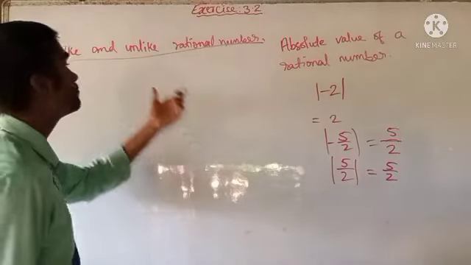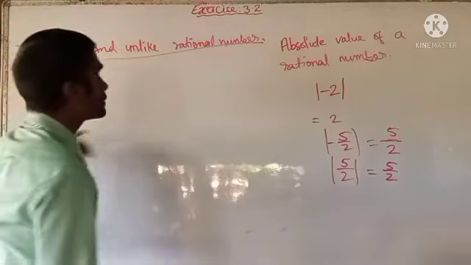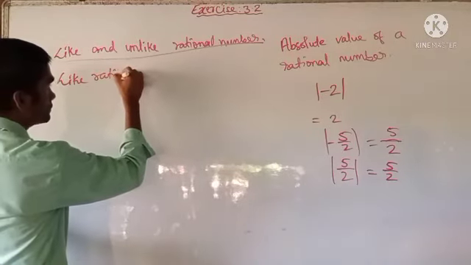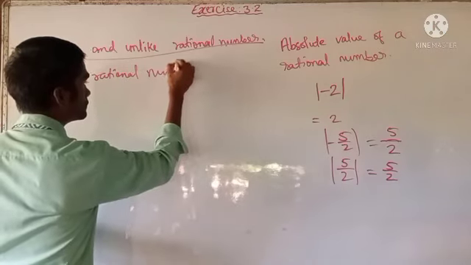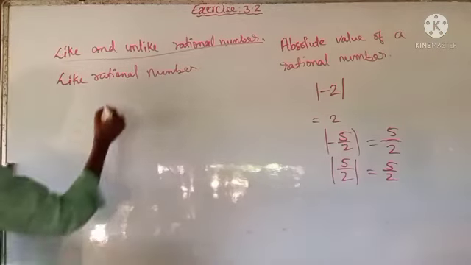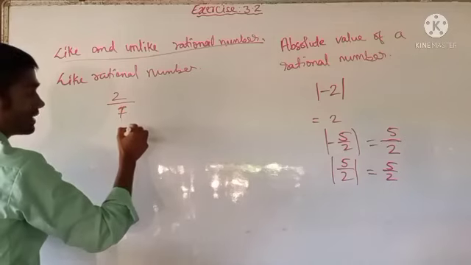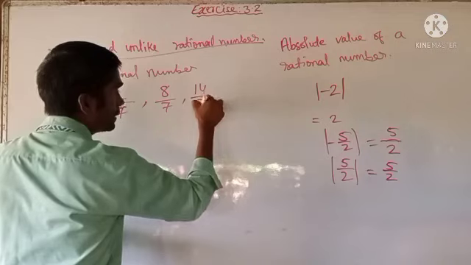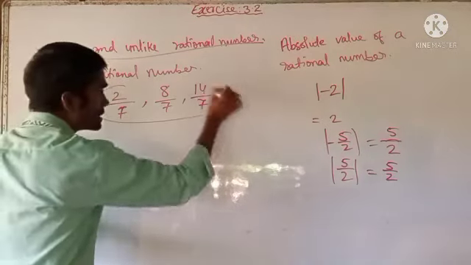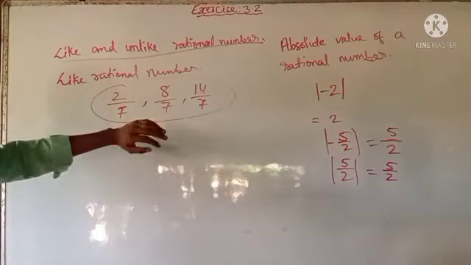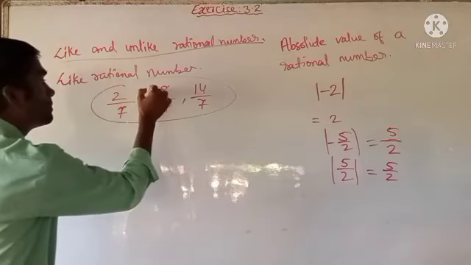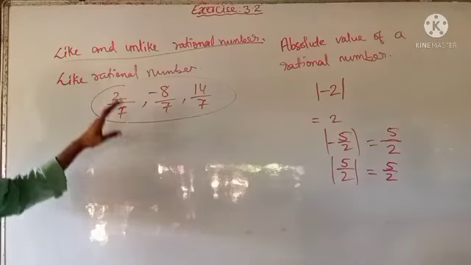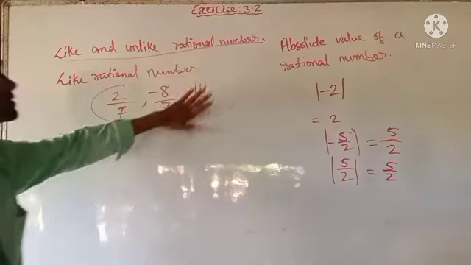If the denominators are the same, then they are known as like rational numbers, like 2 by 7, 8 by 7, 14 by 7. These rational numbers are like rational numbers because the denominators are the same. If I say -8 by 7 also, then it is also a like rational number. And unlike rational numbers are just the opposite.